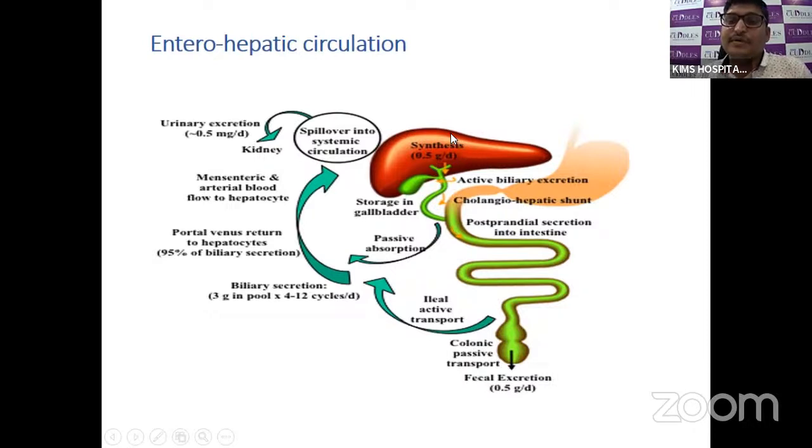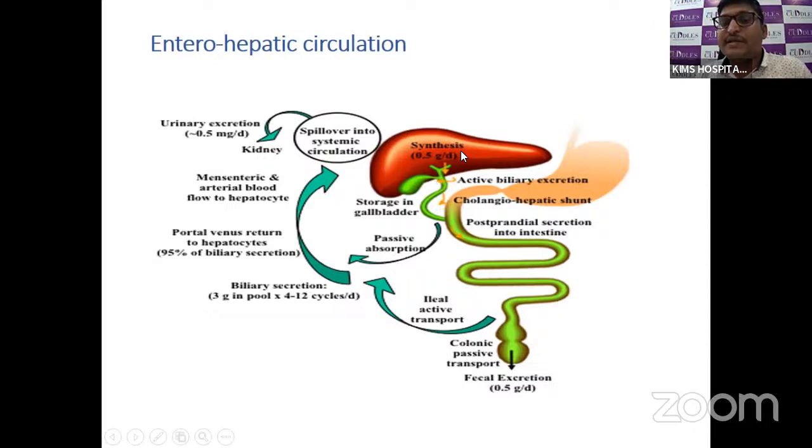Bilirubin follows the bile pathway and gets excreted into the intestines. When bilirubin monoglucuronides and diglucuronides are present unmodified in the intestines, they can be reabsorbed along with the bile into the enterohepatic circulation.